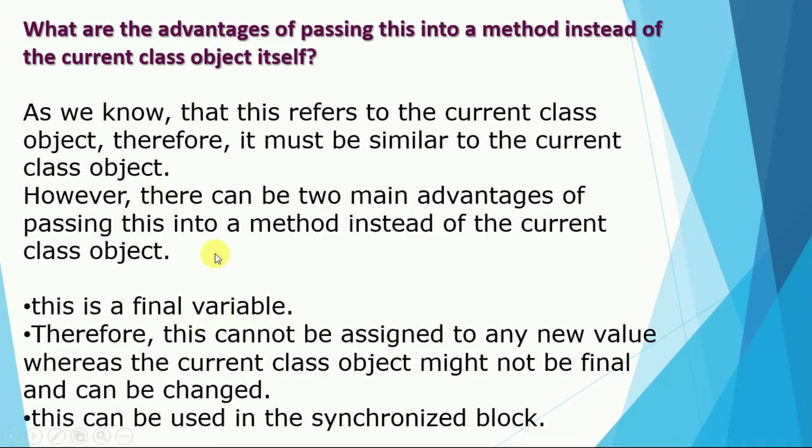Therefore this cannot be assigned any new value, because its value and its reference are fixed. That's why it is called a final variable, whereas the current class object might not be final and can be changed. Second, this can be used in a synchronized block. Okay, and we can pass this into a method instead of the current class object itself.